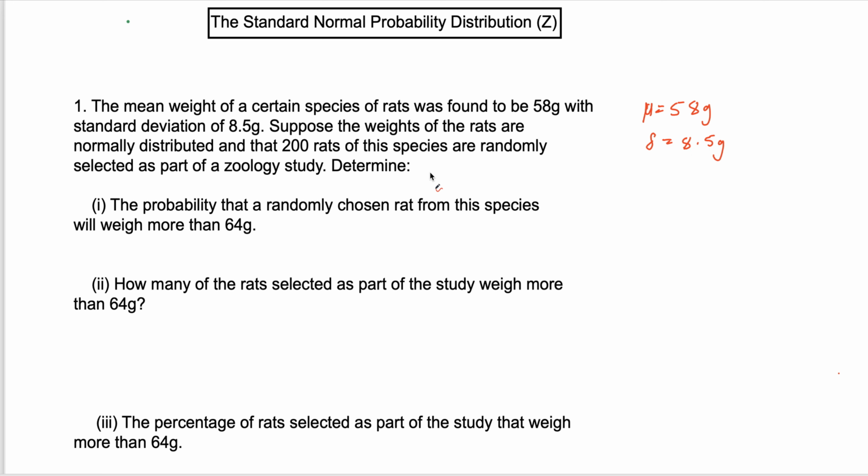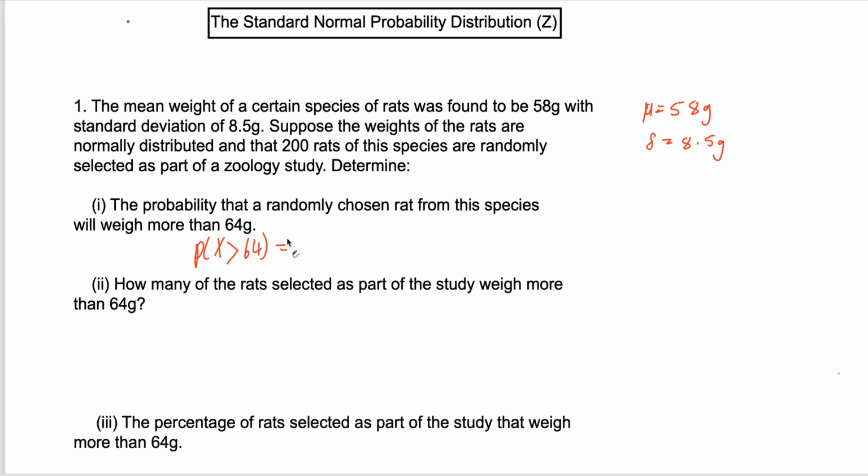Suppose that the weights of the rats are normally distributed and that 200 rats of the species are randomly selected as part of a zoology study. Determine the probability that a randomly chosen rat of this species will weigh more than 64 grams. So we're just looking for the probability of X greater than 64.